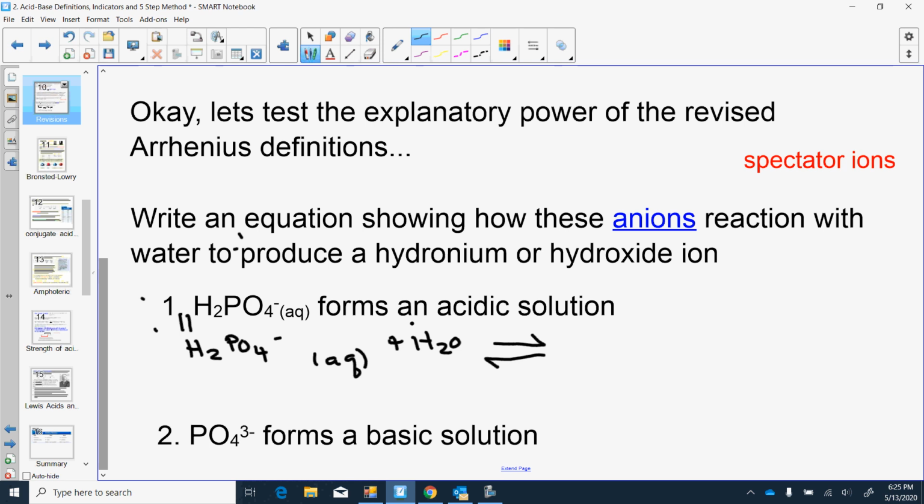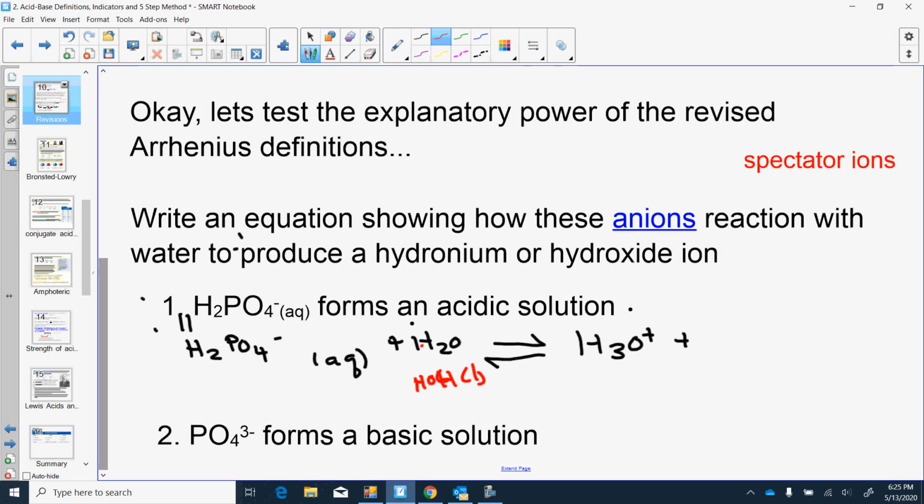So what ion do we need for an acid? If you're saying hydronium, you're absolutely right. So how are we going to make hydronium out of this? A reminder, sometimes I will write HOH for water. It helps me a little bit. Technically it's a liquid. So what's going to happen here to get H3O?